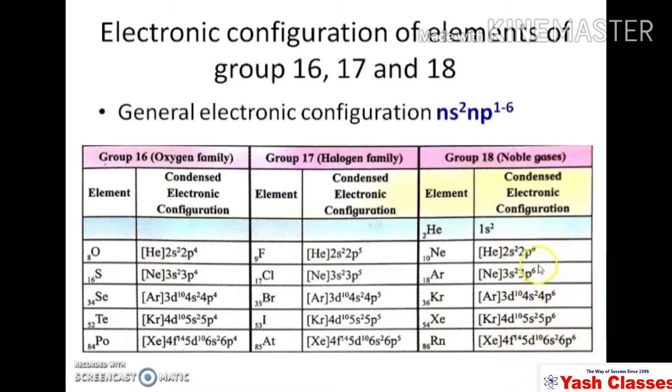So in the case of group number 18 elements, the outermost configuration is ns2 np6 and the outermost shell is completely filled, and therefore these are chemically less reactive and they are gases, and therefore they are generally called noble gases.